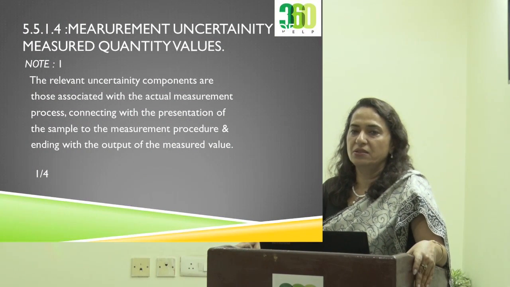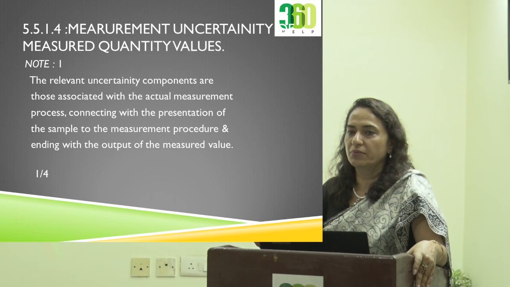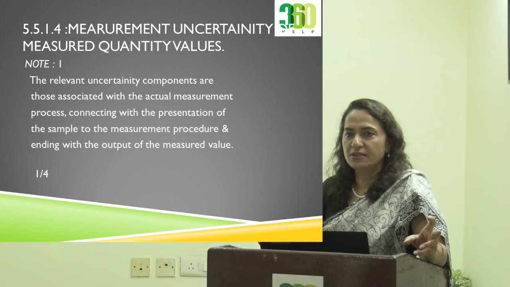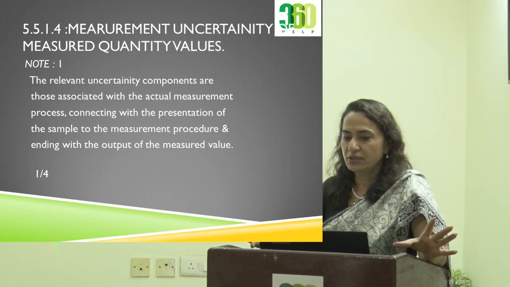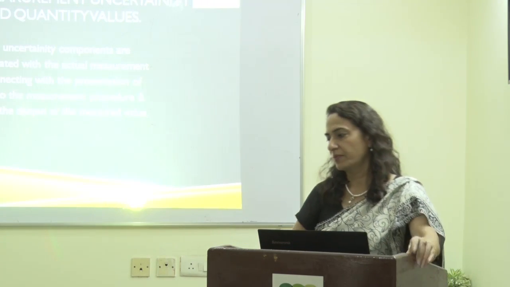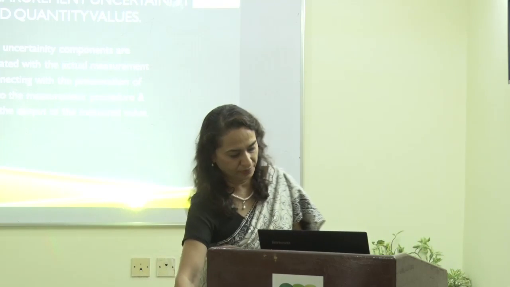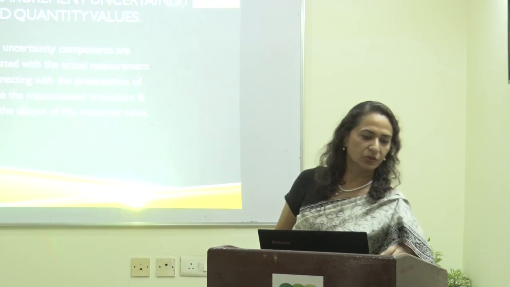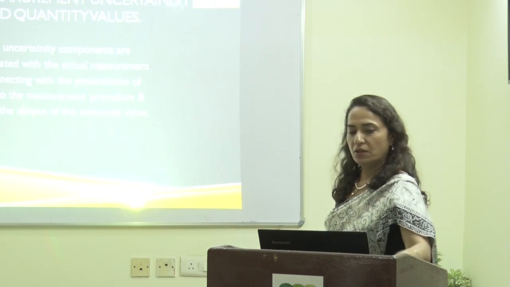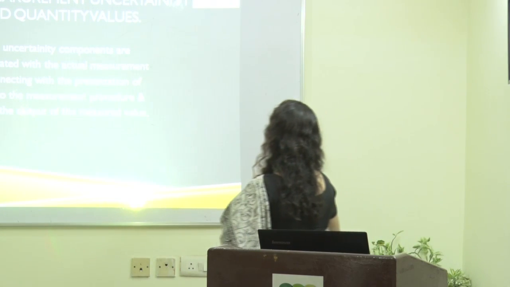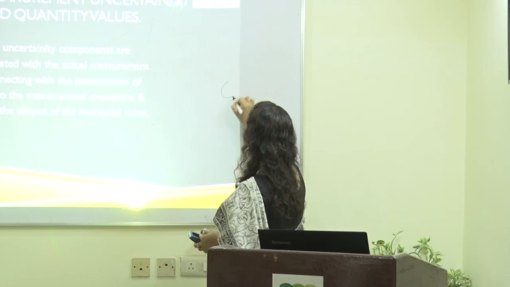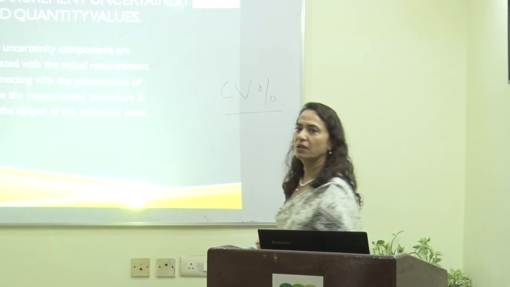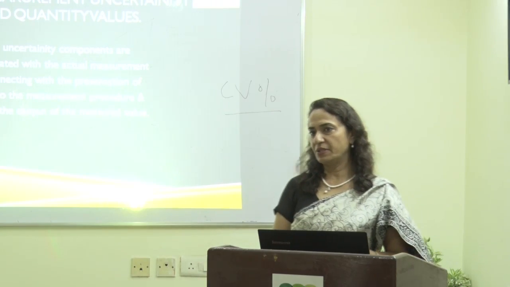Measurement uncertainty. We just talked about it. For you people, you understand CV percentage. What is CV percentage? Coefficient of variation. CV percentage. So for all quantitative methods, we calculate CV percentage.